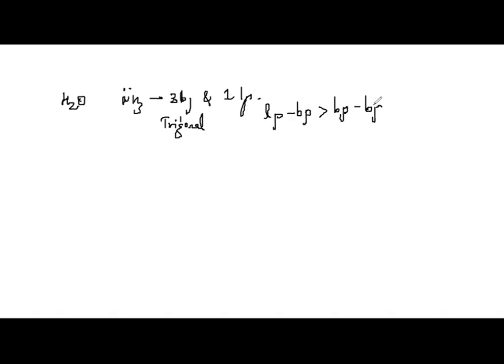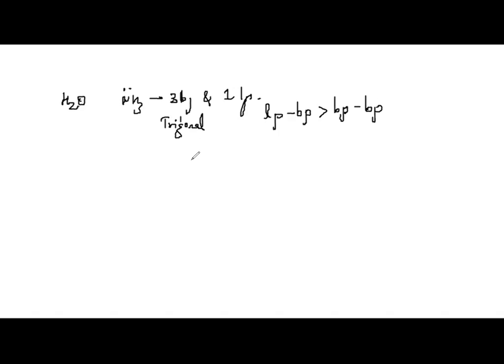If you see the NH3 molecule, there are 3 bond pairs and 1 lone pair. If there were only bond pairs, the expected geometry would be trigonal. But because of the presence of 1 lone pair, there is lone pair bond pair repulsion, which is much stronger than bond pair repulsion.